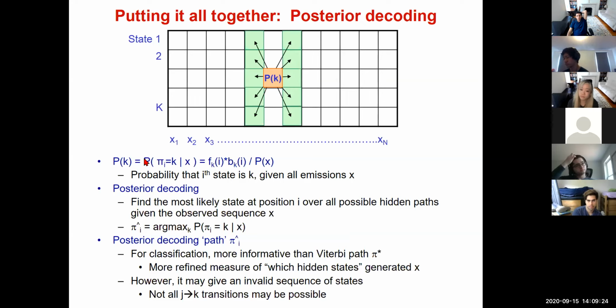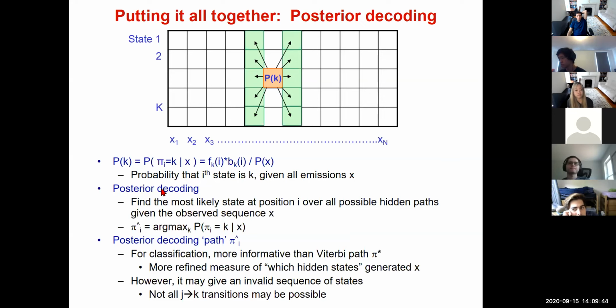So the probability of being in state K is the forward vector times the backward vector divided by the total probability. So it's the probability of being in the ith state at position K given all the emissions. So it's the total product, the sum of the logs or the product of the probabilities.